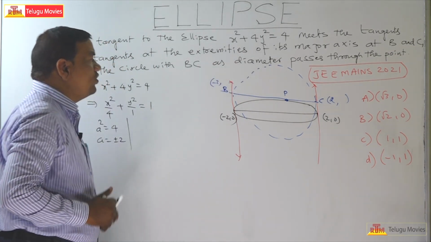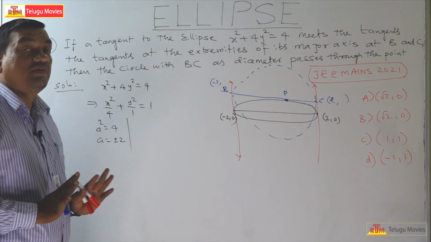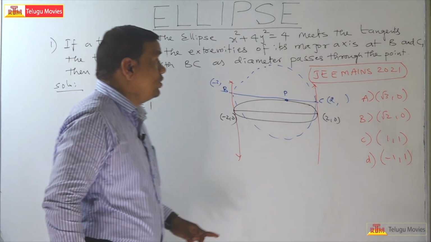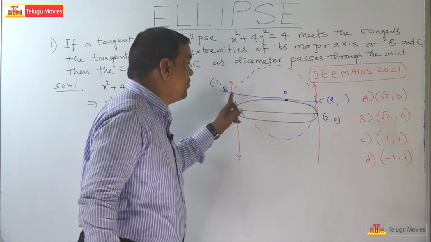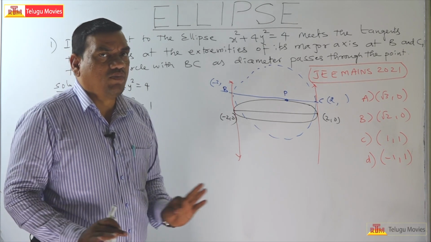So we have to find the y coordinates. Ultimately our problem is reduced to finding the y coordinates of B and C. If you find them, the problem is over.